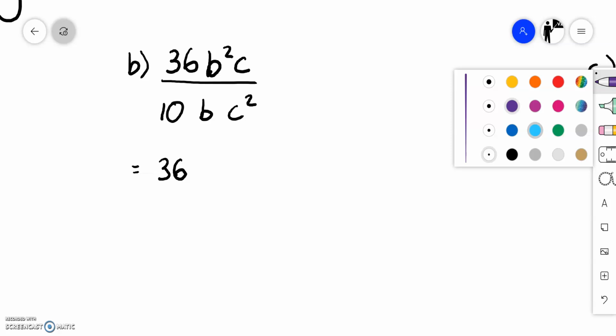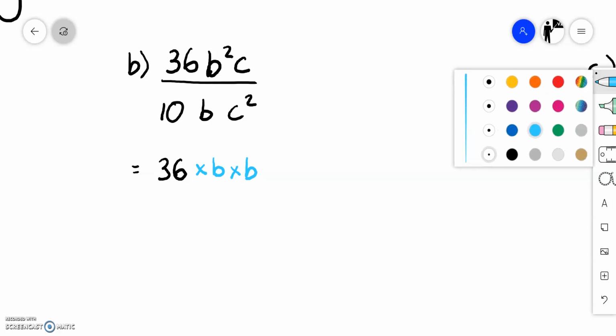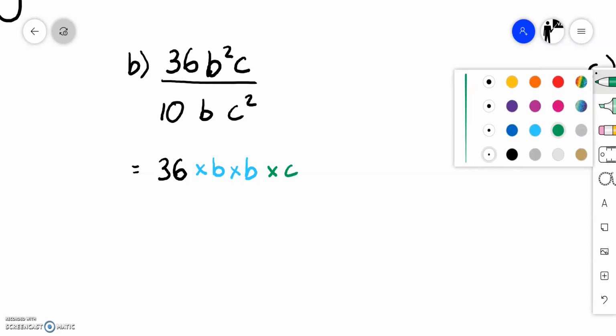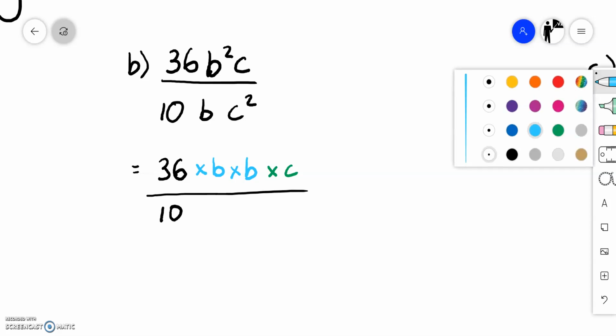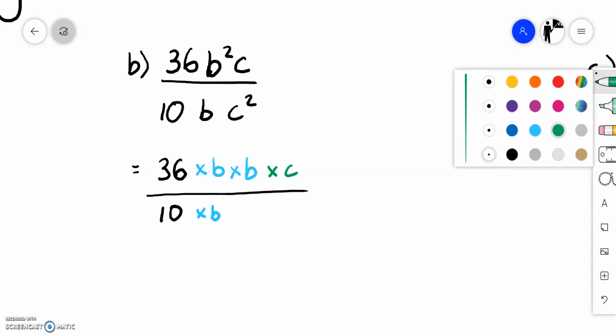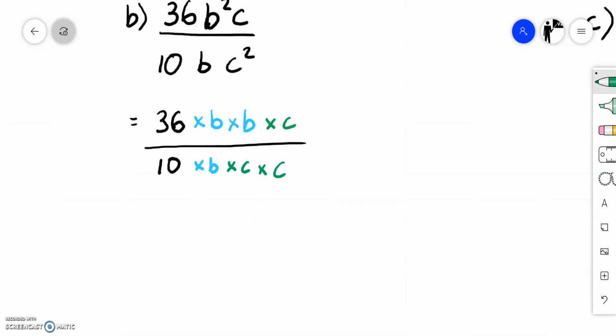I'm going to rewrite them like this, times b, and that's c I'm going to do in green. That, in the numerator, that's 36b squared c. On the denominator, I've got 10, I've got 1b, and then I've got 2 c's, because it's c squared. Hopefully you can see that.